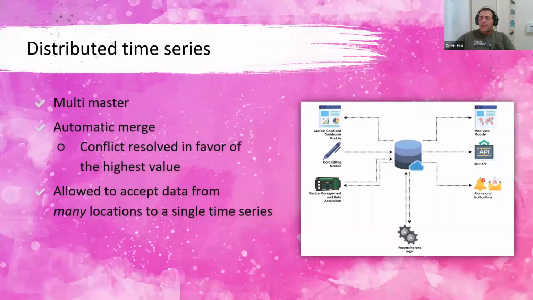Now, here's how we work in a distributed environment. You can see that we have all sorts of locations that push data to me. And this database doesn't necessarily have to be a single database. The whole idea is that I'm able to run it in a multi-master system.